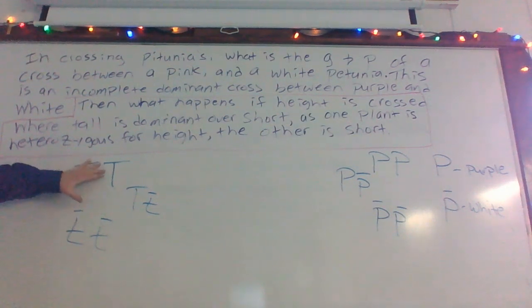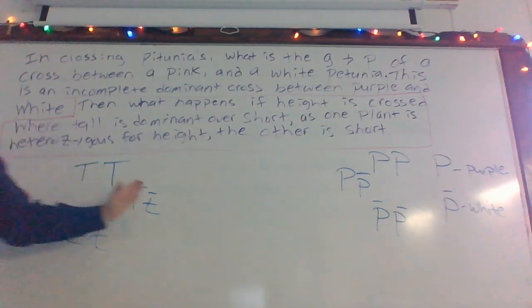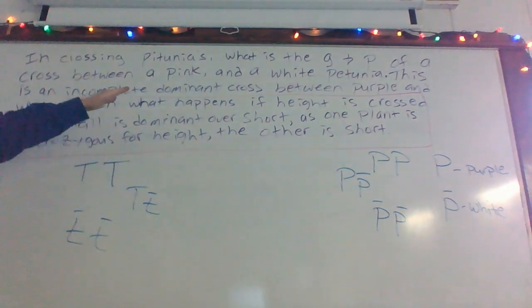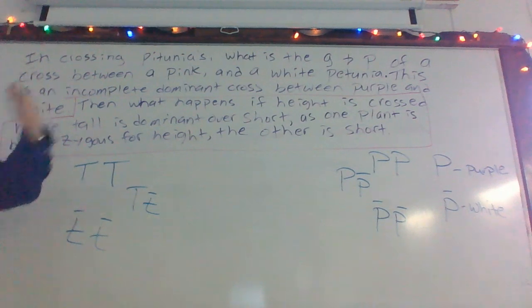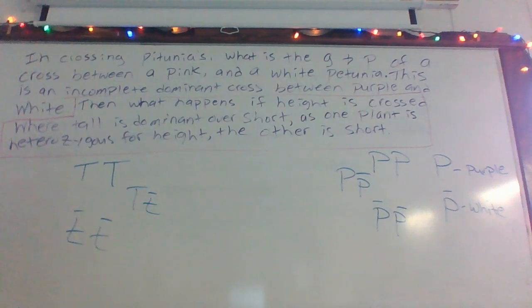Okay? Three contrasting genotypes, but only two phenotypes that you can actually observe. I think some of us are possibly getting these two mixed up, but you have to be told that it's an incomplete dominant cross. That's why we're going over this. Who's lost? Okay?